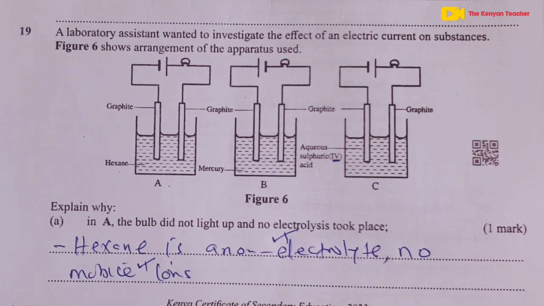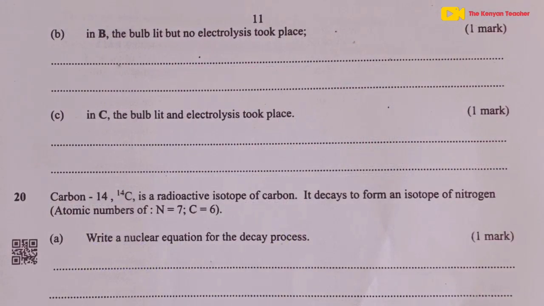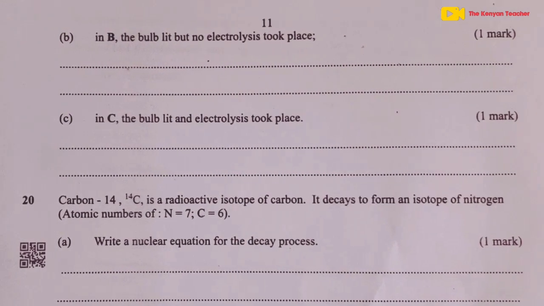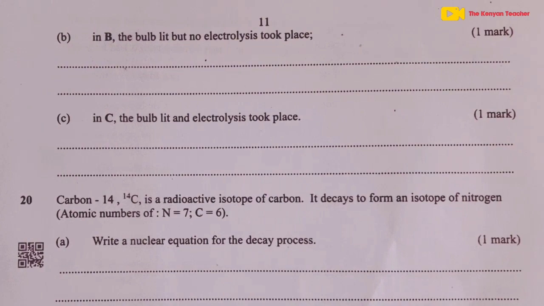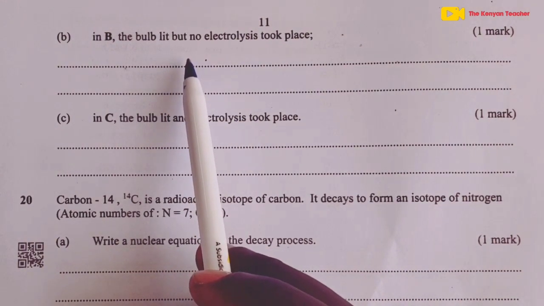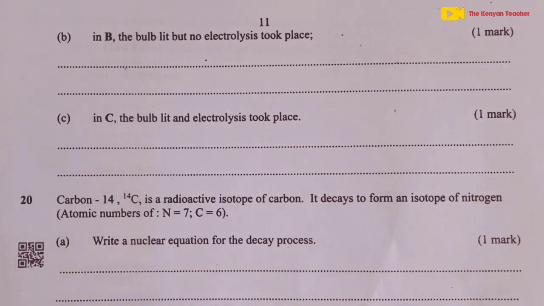We proceed to part B of question 19. So in part B, we are told to explain why the bulb lit in B, but no electrolysis took place. Remember, in setup B, the substance that was being tested was mercury.